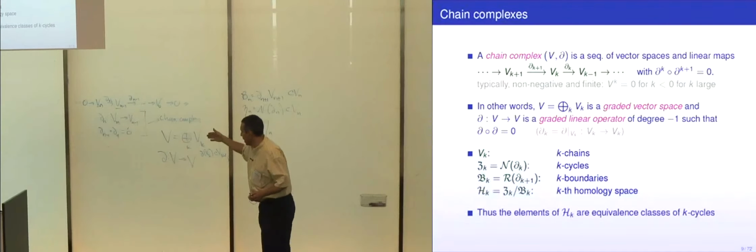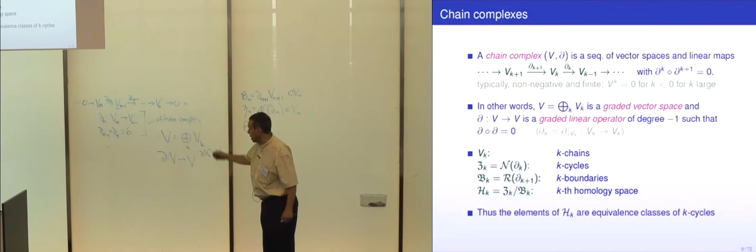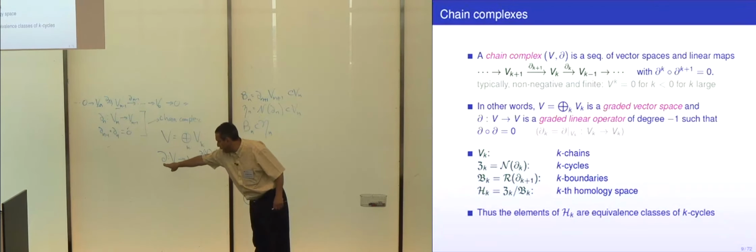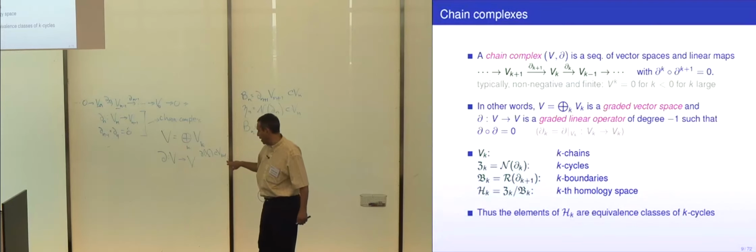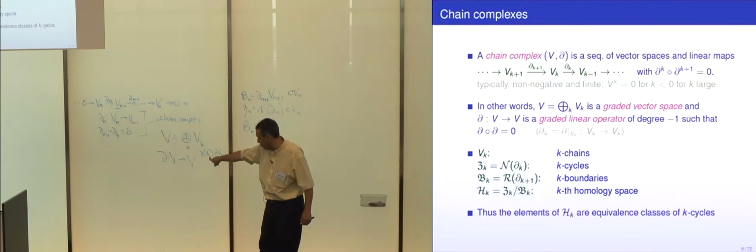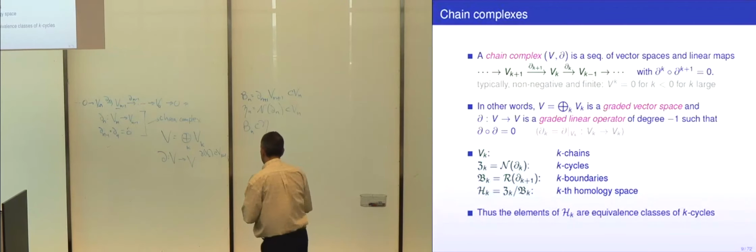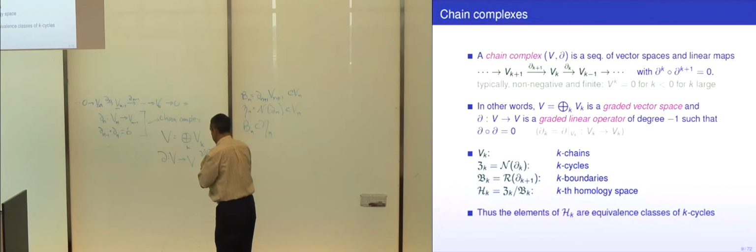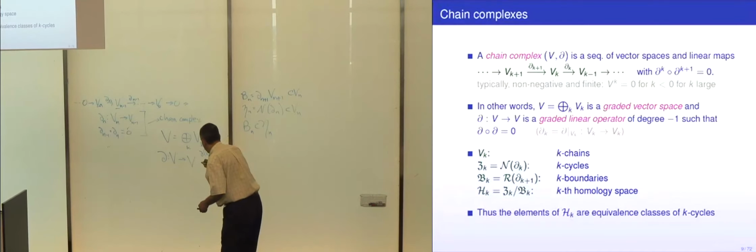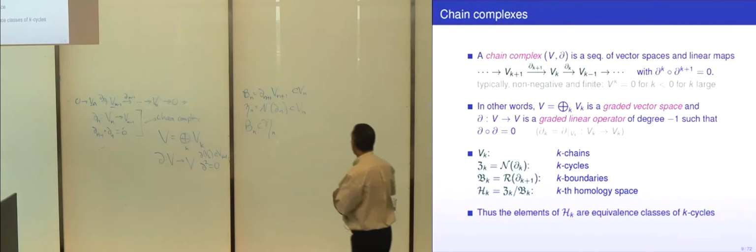That structure has a name, but it's the exact same content as this. This is called a graded vector space, and this is a graded linear map of degree minus 1. Minus 1 because it knocks k down to k minus 1. So that's another definition of a complex, a graded vector space with a graded linear map of degree minus 1 whose square is equal to 0. Same thing in different words.